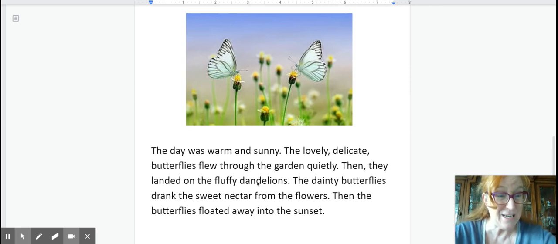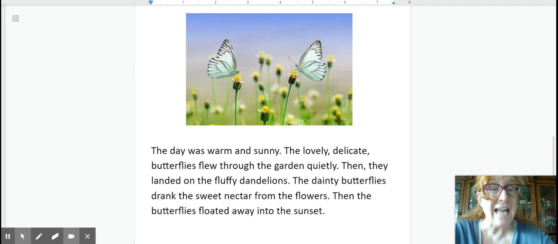That was a word I used to describe the dandelions. The dainty butterflies drink the sweet nectar from the flowers. That was my way of saying that they get the nectar from the flowers. I just tried to make it a little bit more descriptive, a little bit more exciting to read. Then the butterflies floated away into the sunset.